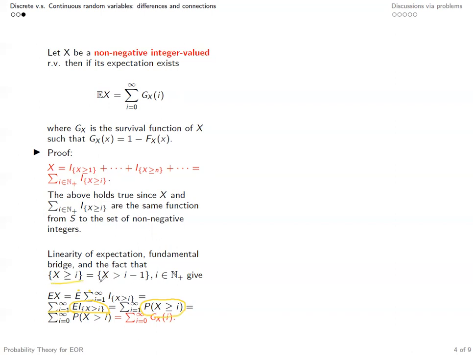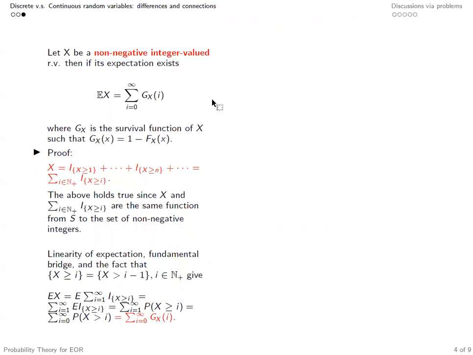And given these two events are the same, we can rewrite it as a different summation over the probability that X is strictly larger than i, which is essentially the survival function for this discrete random variable.